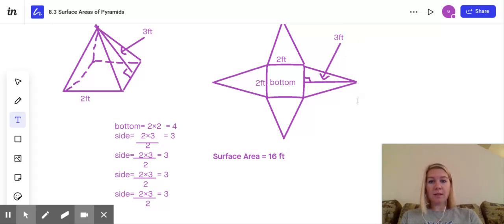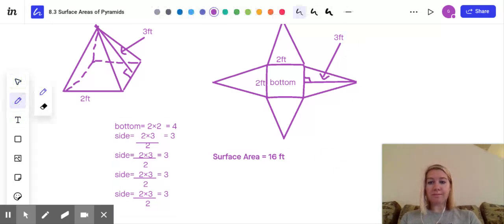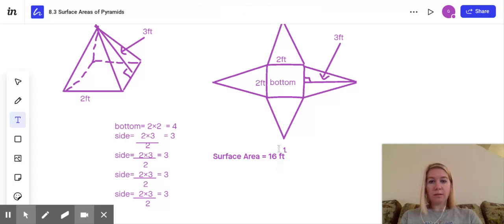Feet squared. Okay, so that's one way to type it. Or 16 square feet. Okay, one way is just using the exponent, and the other way is typing out the word square. And that's it.